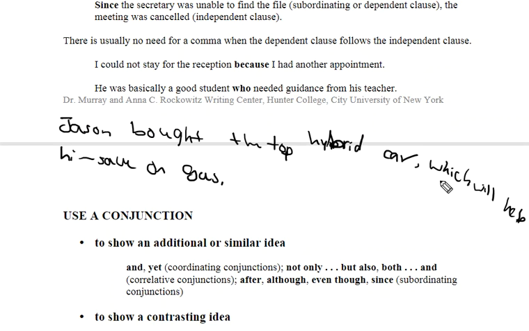Now we put a comma when the information here is unnecessary. When it's part of the sentence, we drop the comma. We're no longer in need of the comma. Okay?